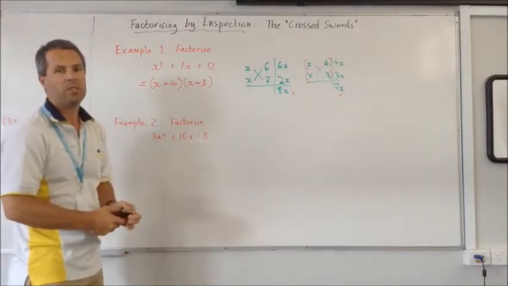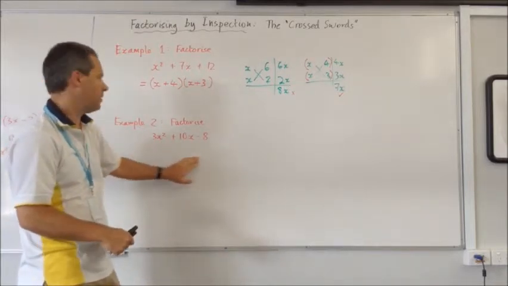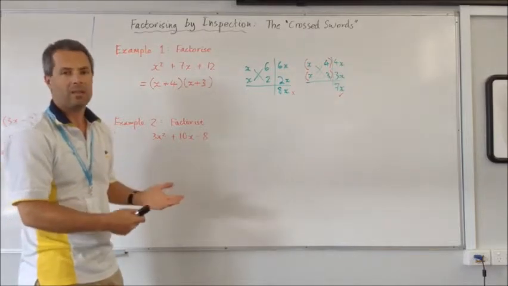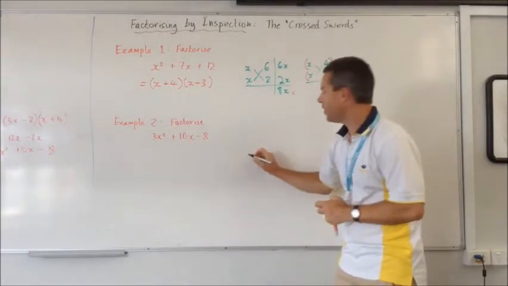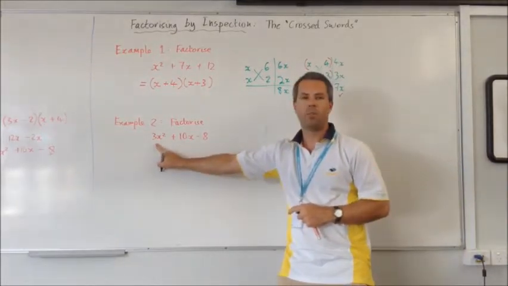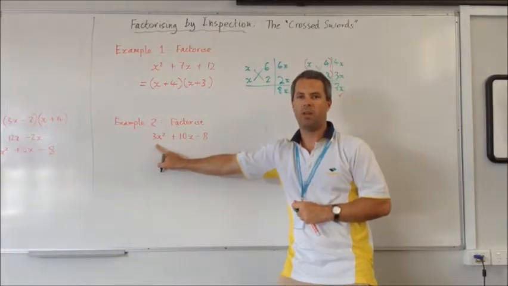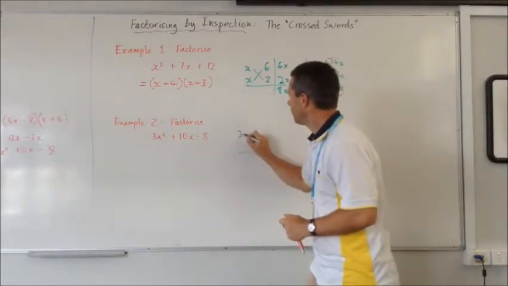This technique really comes into its own when you have a slightly more complicated situation like this. Use exactly the same process though. So again, setting up a little grid, and this time, in the first column, we're going to have factors of 3x squared. The only way you can get 3x squared is if you multiply 3x by x.